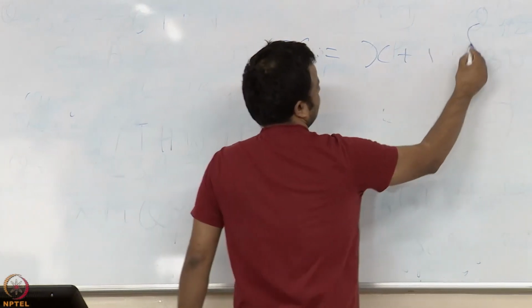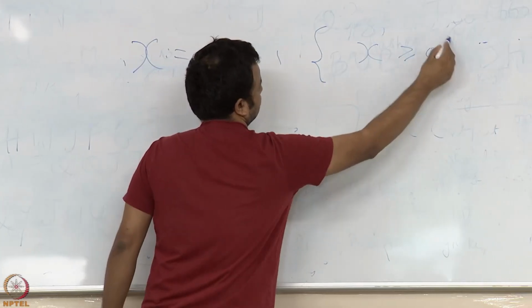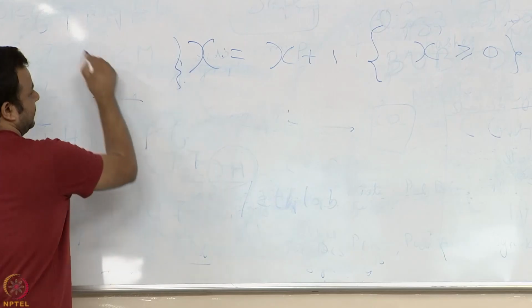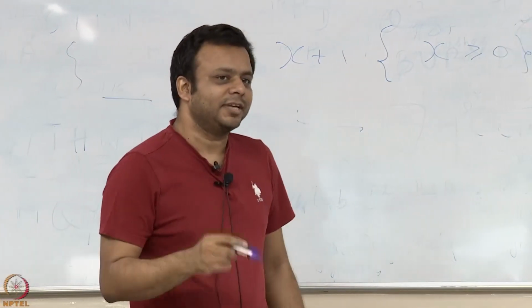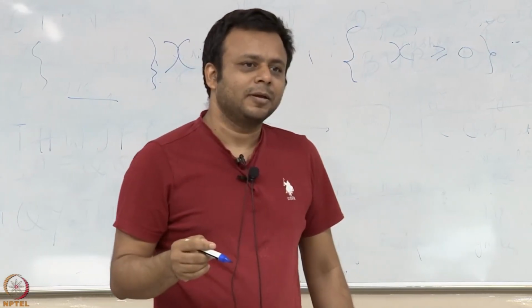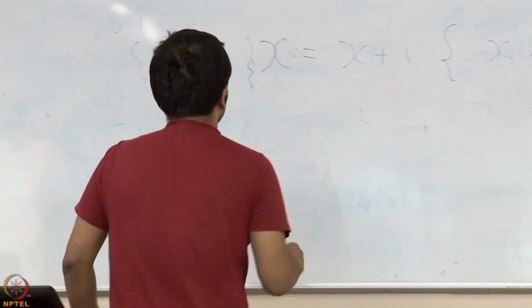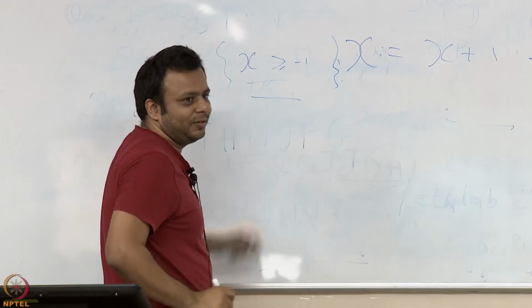And let's suppose I say I am landing here with x greater than or equal to 0. Tell me what states I may have started from. What are the possible values I started with? I finished with x greater than or equal to 0. Starting x greater than or equal to minus 1. How did you get here? How did you find this?